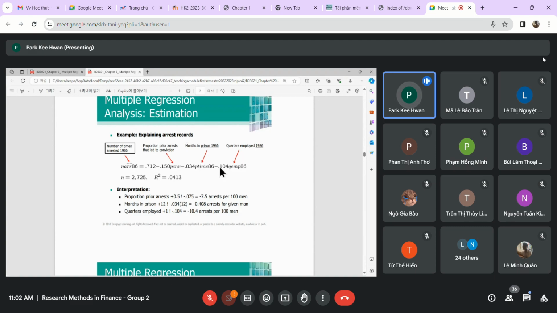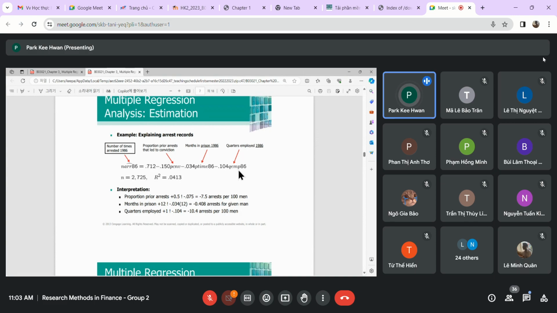The second variable is the months in prison. So this is how many months a criminal spends in prison when convicted. Okay. So longer months means that the less likely to commit crime. You have a negative sign. And the third variable is the quota employed.